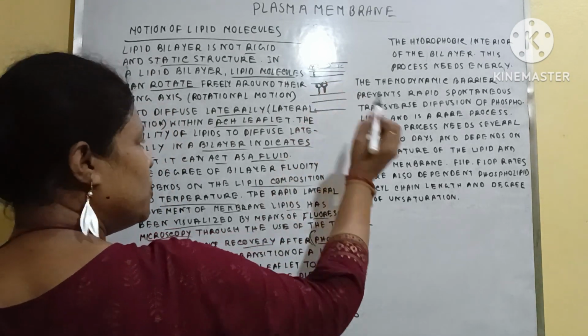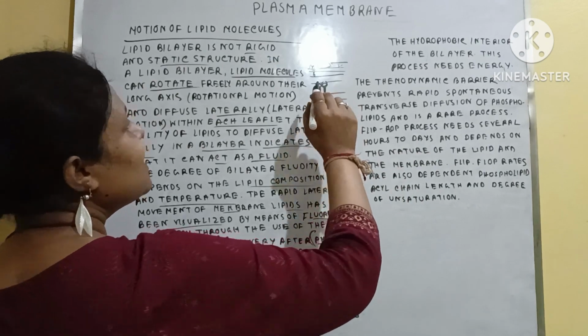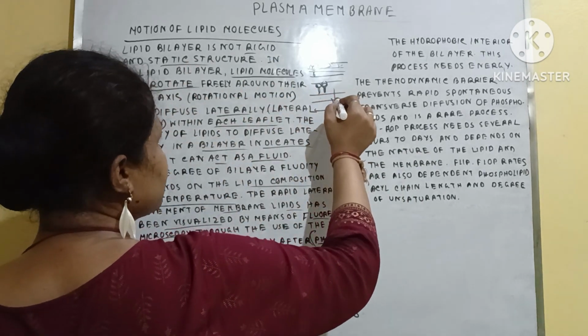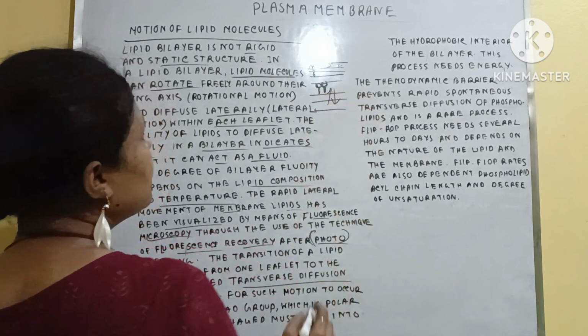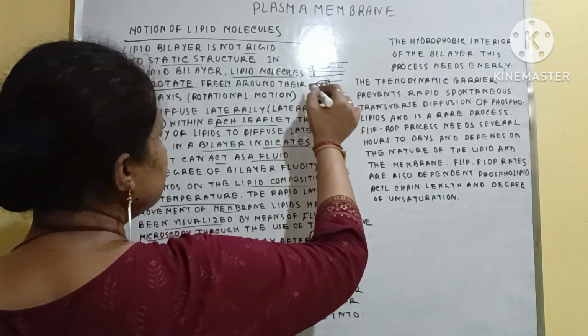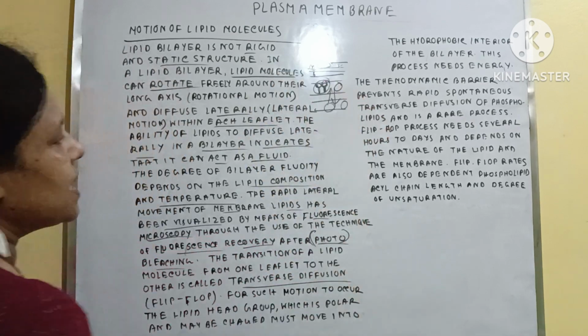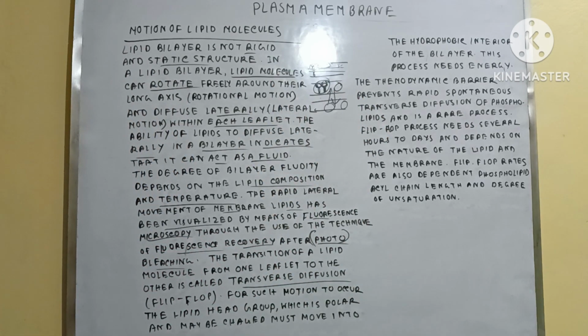It is a diffusion process, but not lateral; lipid molecules from here diffuse to there, and lipid molecules from there diffuse here. This is the transverse diffusion. And for such motion to occur, the lipid head groups, which are polar and may be charged, must move into the hydrophobic interior of the bilayer.